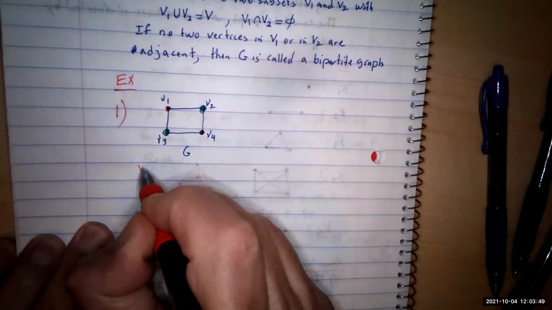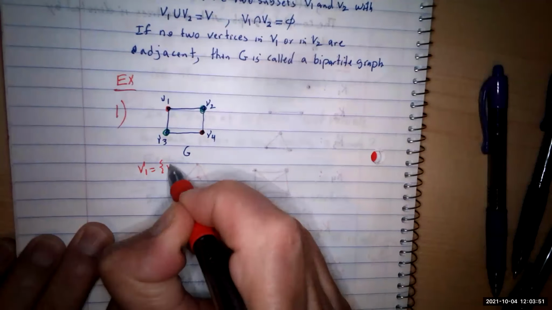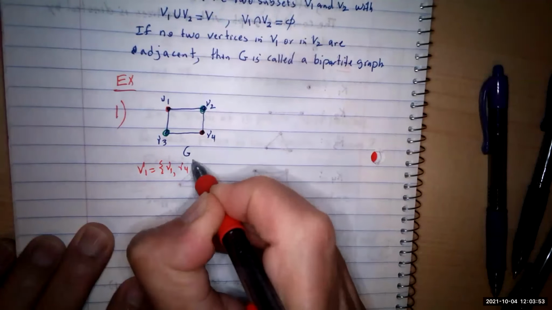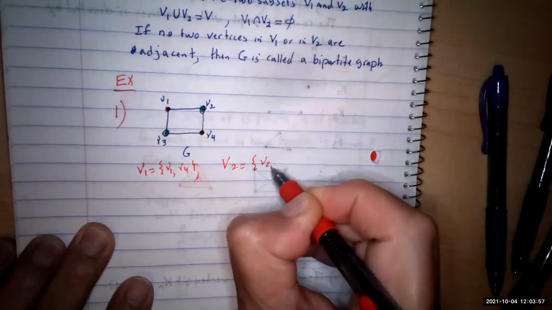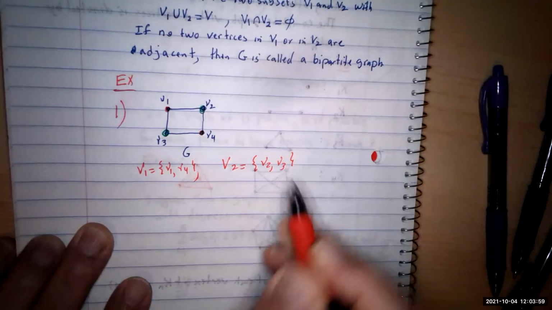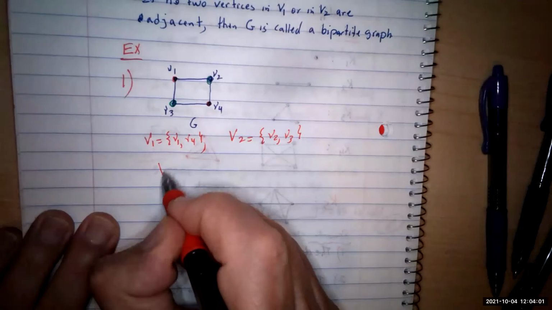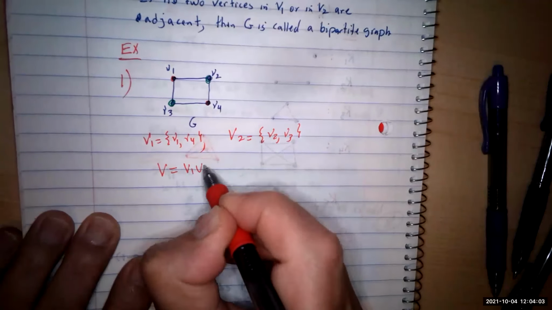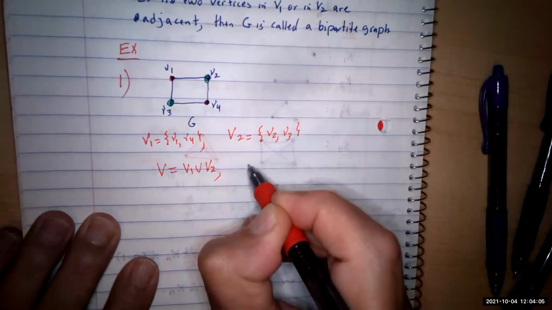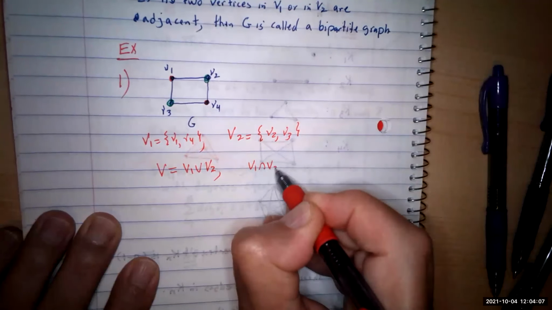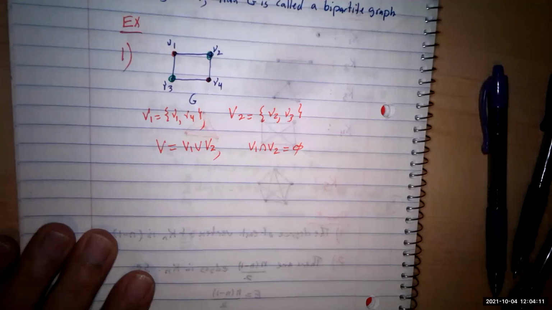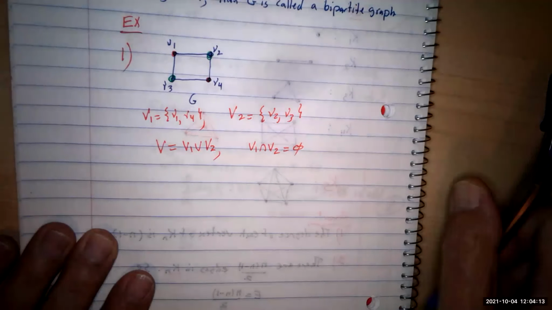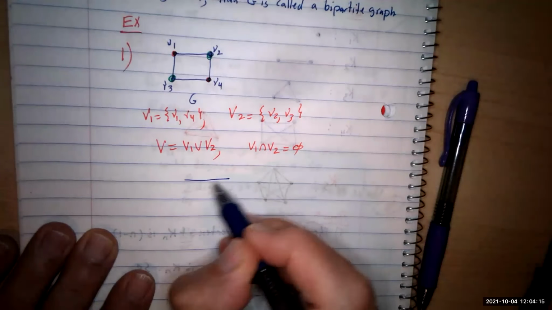You see, the V1 is the V1 and the V4, and the V2 is the V2 and the V3. That's it. So as you can see, if you put them all together, you get all the vertices, and the intersection is empty, if you like. And so, we can regraph it to say that this is it.